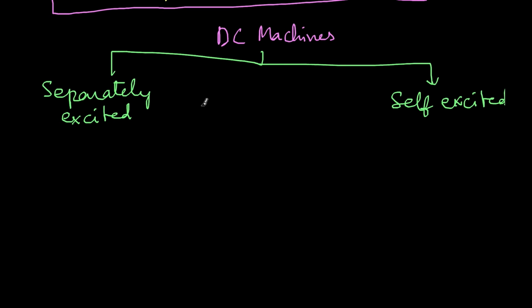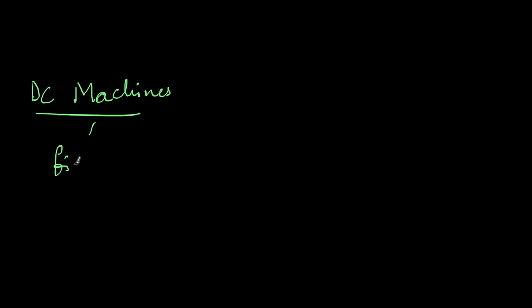So in DC machines, there are two windings. Mainly, we have the field winding and then we have the armature winding.